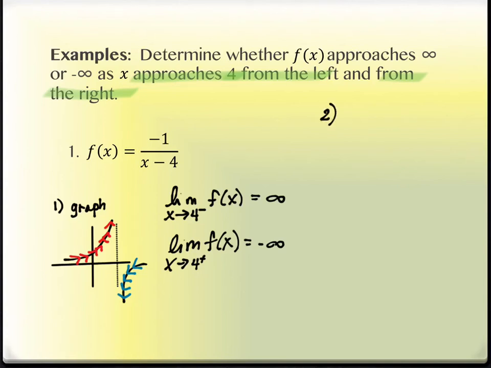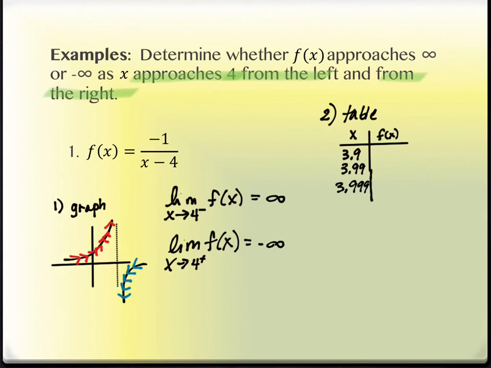If you want to do it from a table point of view, the second option is to do it from a table. We call that numerical. And you create a table that does the same thing, by evaluating numbers from the left and from the right. So if my x is going to be here and my f of x is here, numbers from the left of 4 would be like 3.9 and 3.99 and 3.999.